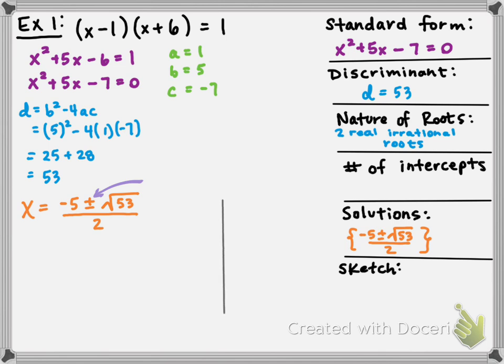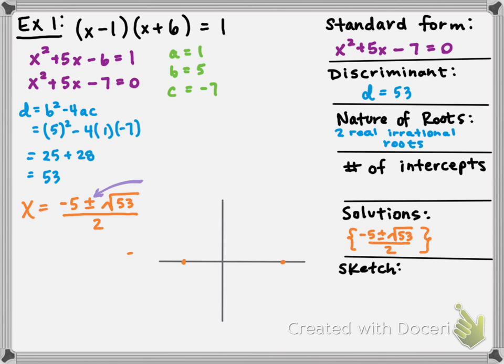Well, I'm going to throw a quick sketch up. Let's see what we got. Now the square root of 53 is somewhere between 7 and 8, because the square root of 49 is 7 and the square root of 64 is 8. We're going to take negative 5 and either add or subtract something between 7 and 8, so we're somewhere on the positive side and the negative side, something like that, some x-intercepts.